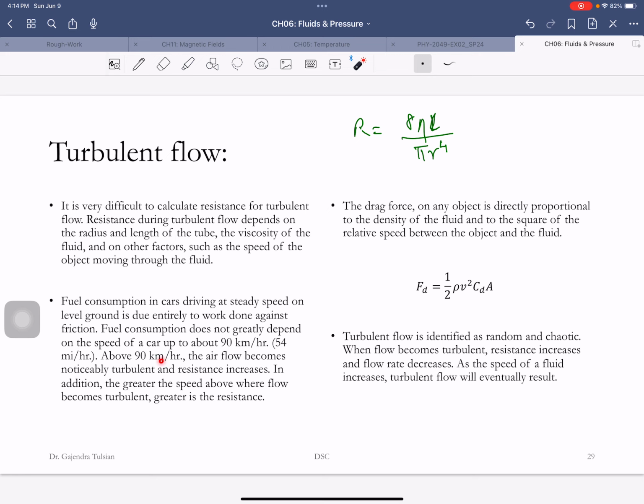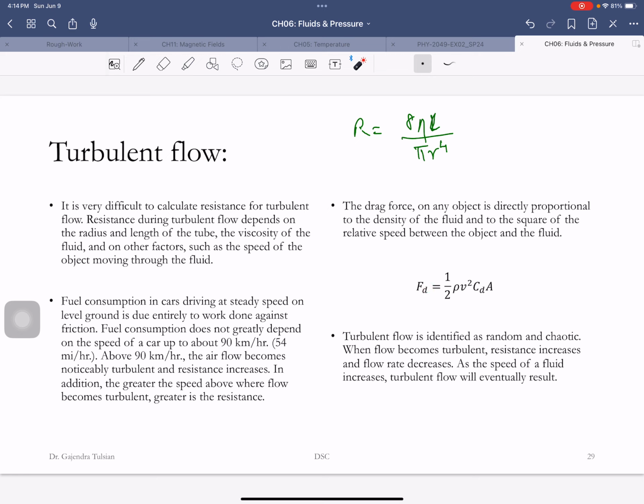Above 55 miles an hour or 90 kilometers an hour, the flow becomes noticeably turbulent and resistance increases. In addition, the greater the speed above where the flow becomes turbulent, the greater the resistance. So the faster you're going above 55 miles an hour, the worse your gas mileage becomes.